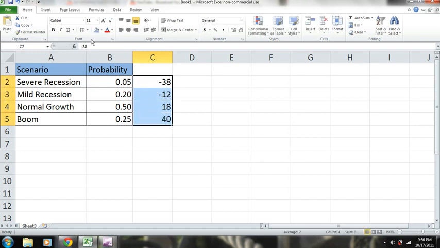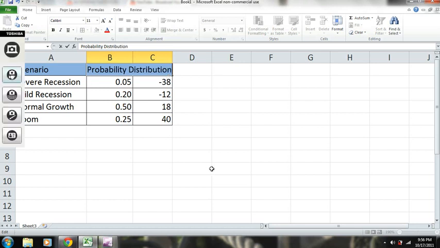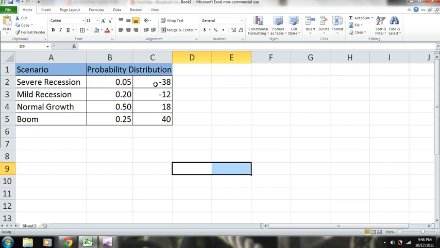I'm going to add a border, and then I'm going to merge this right here and name this probability distribution. The returns listed with the probabilities of occurring, this whole thing is called the probability distribution.